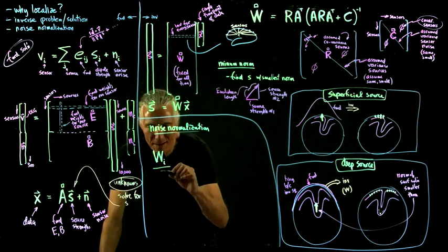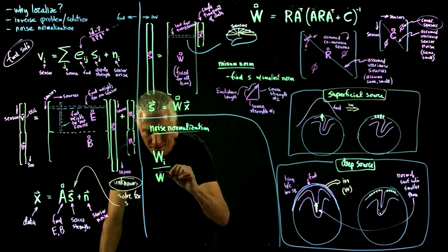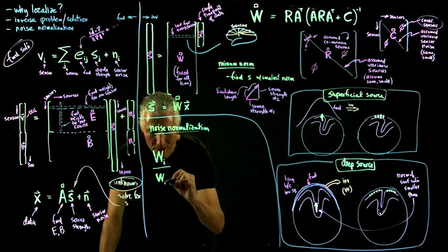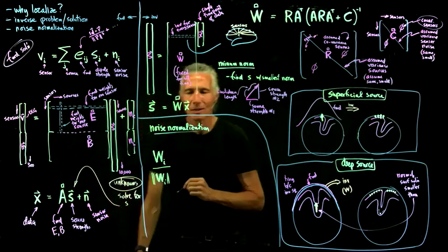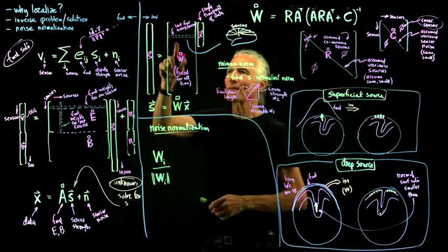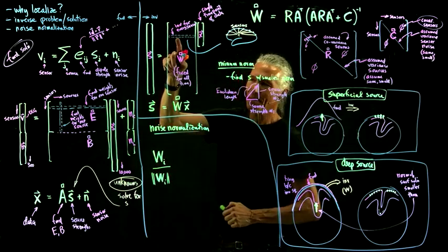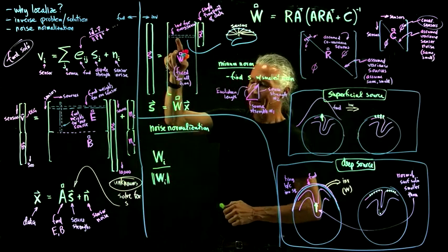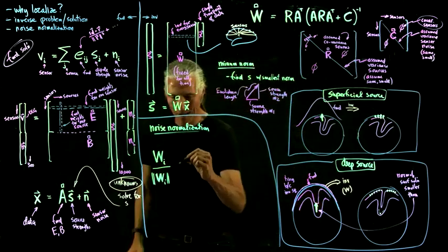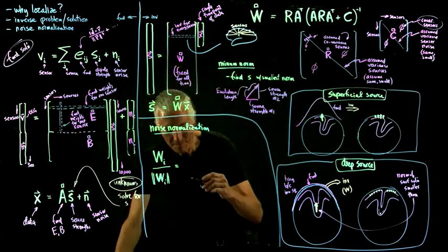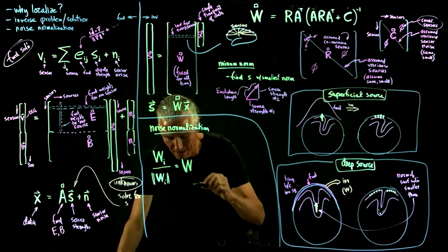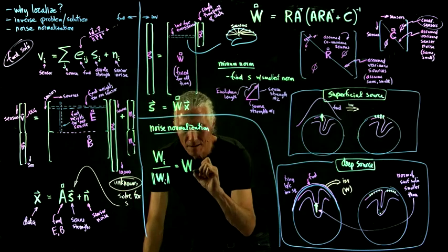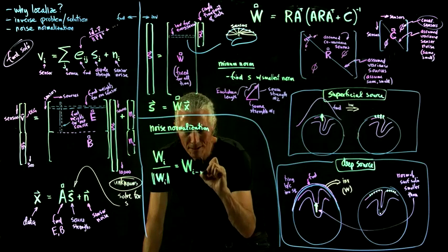We'll just divide them by their norm. So here's that row, and taking the norm means taking the Euclidean length of that inverse solution. That will give us a new W matrix, and this W matrix is noise normalized.